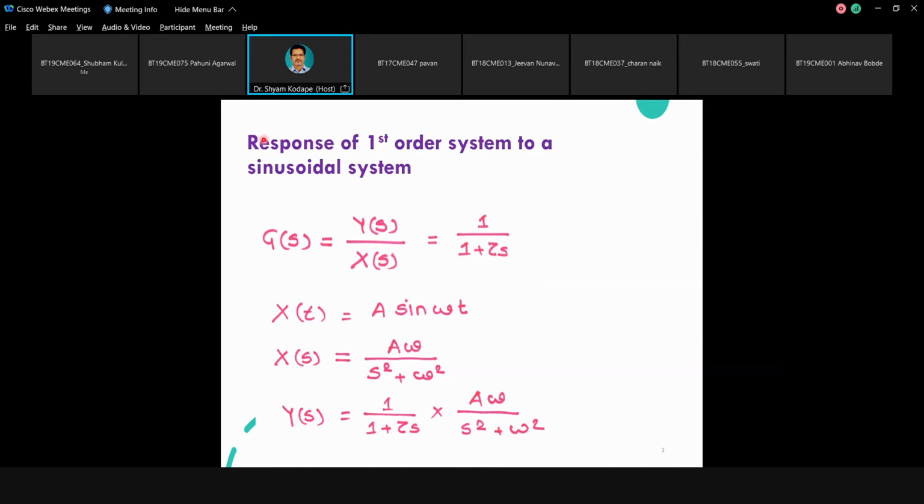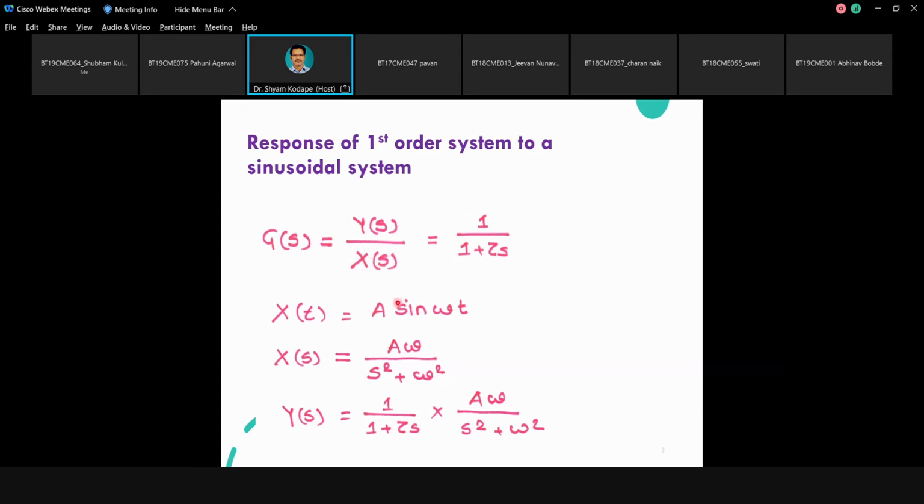This was the way we analyzed the response of a first order system when it is subjected to a sinusoidal input. If my system is a first order system, then its transfer function would be G(s) = Y(s)/X(s) = 1/(1 + τs).